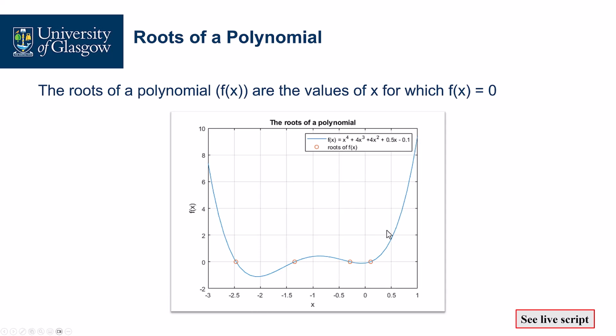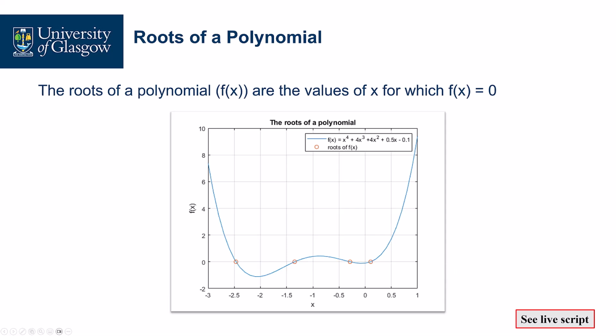The roots of a polynomial: if we consider the polynomial as f(x), the root is the value of x where f(x) is 0. So we can see the red dots. From -3 to +1, this polynomial has four roots, where the value is 0.